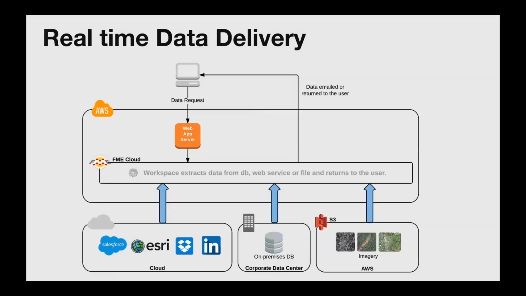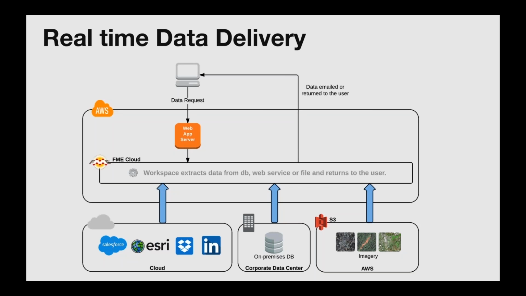The next thing we're going to look at is real time data delivery. So this is, Dom makes a request for some data. We go get the data out of the database. We go get the data out of Salesforce or ArcGIS Online, wherever the data is. We might mash it together, we might transform it, and then we deliver that data to the user directly via email, or even they wait in the browser for a return.